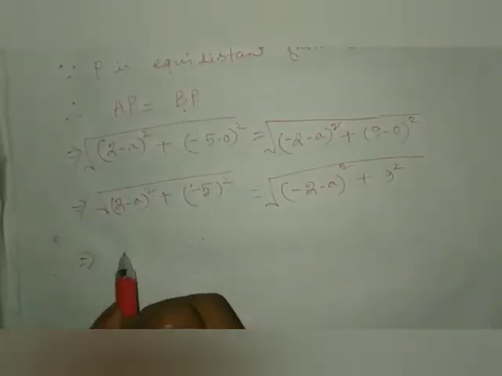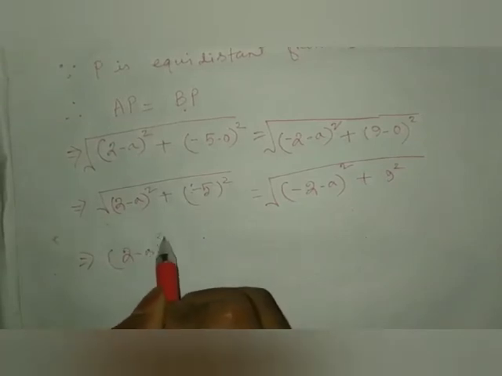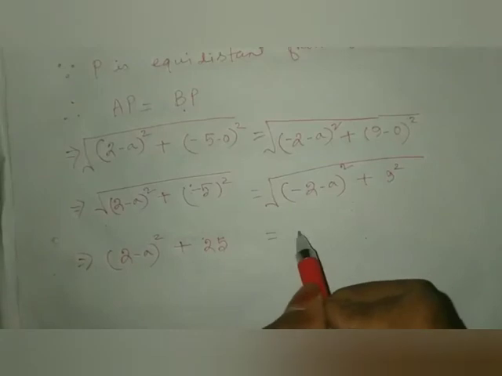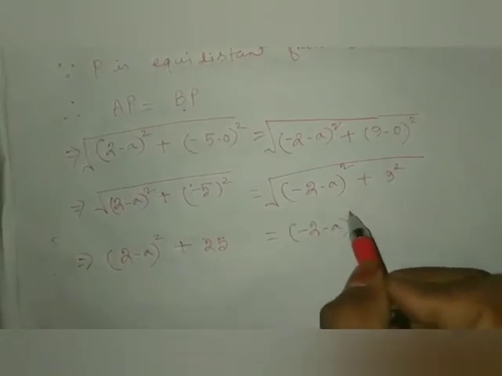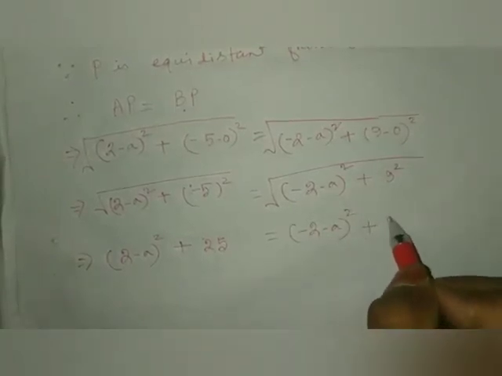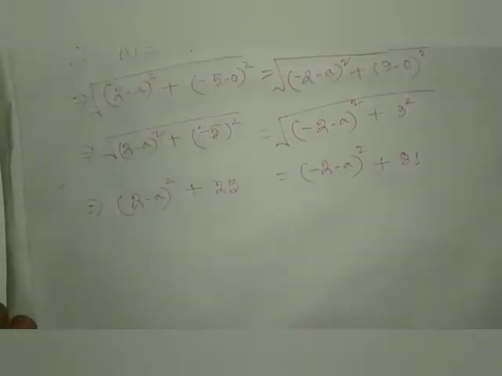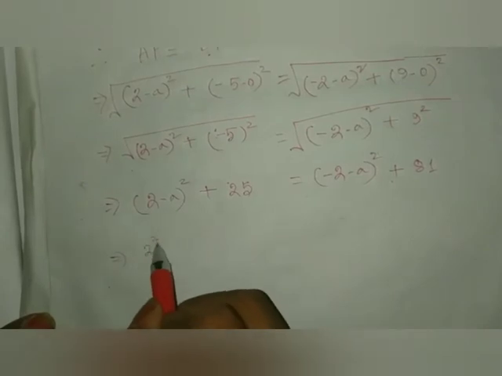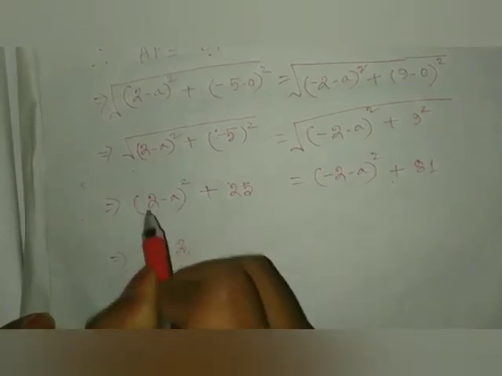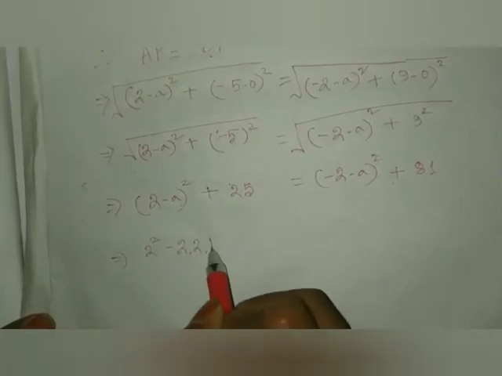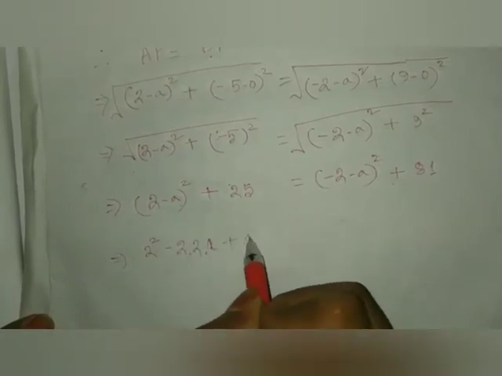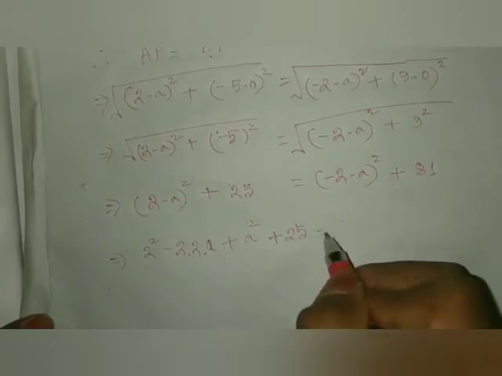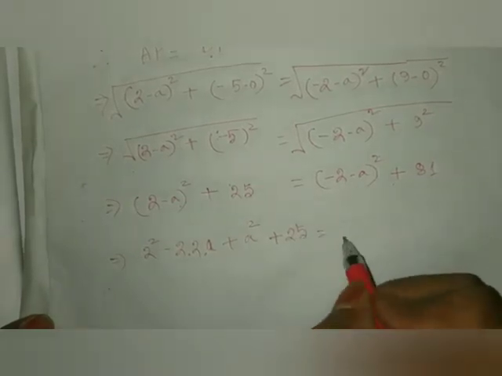So what we get: (2 - a) whole square plus 25, that is (-5) square, equals (-2 - a) whole square plus 9 square, which is 81. Now simplify using (a - b) whole square equals a square minus 2ab plus b square.